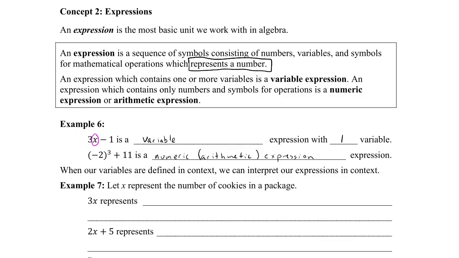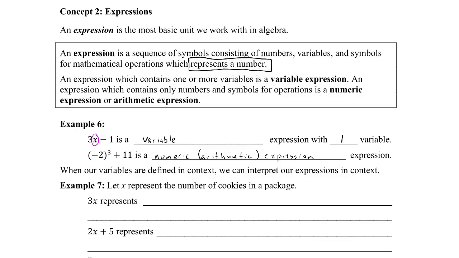Okay, what can we do with expressions? Well, if our variables represent something in the real world, then expressions with those variables also represent something in the real world. So we're going to work with a simple example of what a variable might represent that's kind of easy to move around, and just think about what some expressions mean.